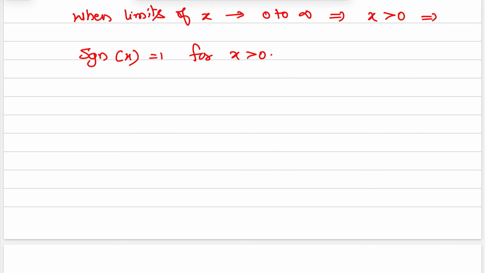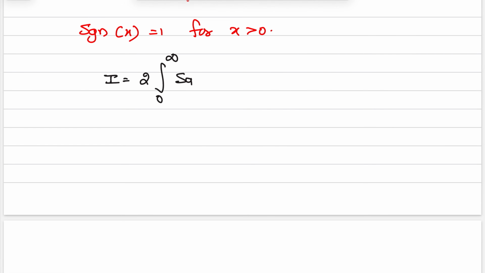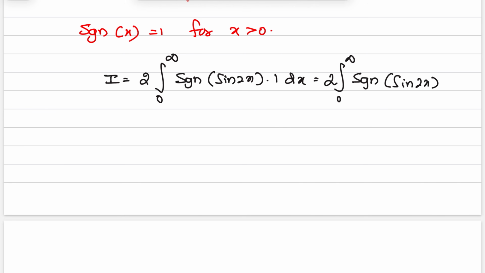You just see how we are moving further. Then we simplified the value of the integral to 2 into the integral from 0 to infinity. In this we will write signum x as 1. Signum sin 2x into 1 dx. That will be the integral 0 to infinity 2 into signum sin 2x dx.